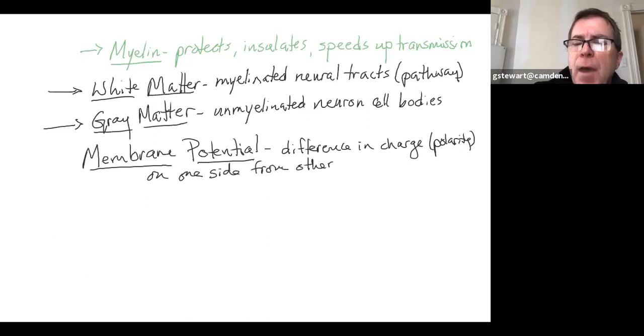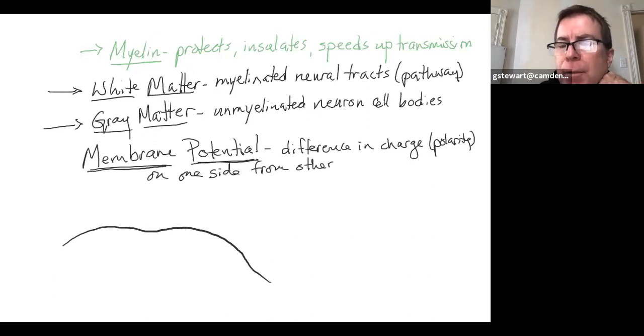So along this membrane of a cell, if this is a cell membrane, membrane potential literally means that if we set up a situation where the electrical charge on this side of the membrane is different than on this side, we've created the potential for something to happen, basically, for work to happen.